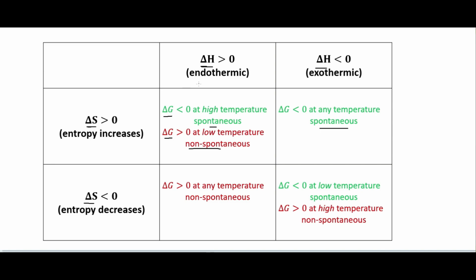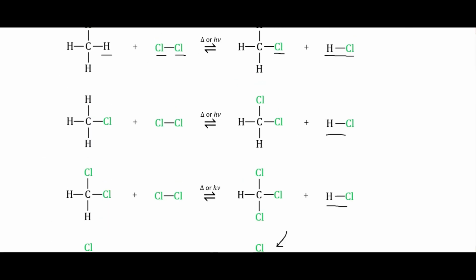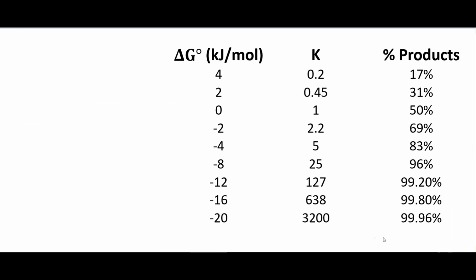Whereas if we have positive delta H and negative delta S, then it's non-spontaneous at any temperature, meaning that you would have to put energy in to get a reaction out of it. Then at negative delta H but negative delta S, this is spontaneous at low temperatures and non-spontaneous at high temperatures. But anyway, we're going to move over here.